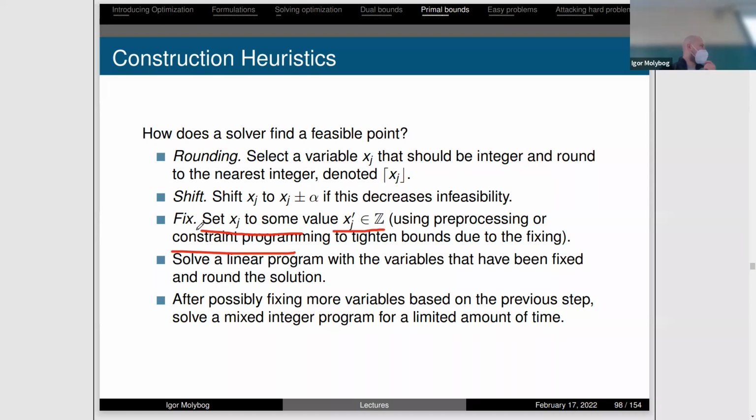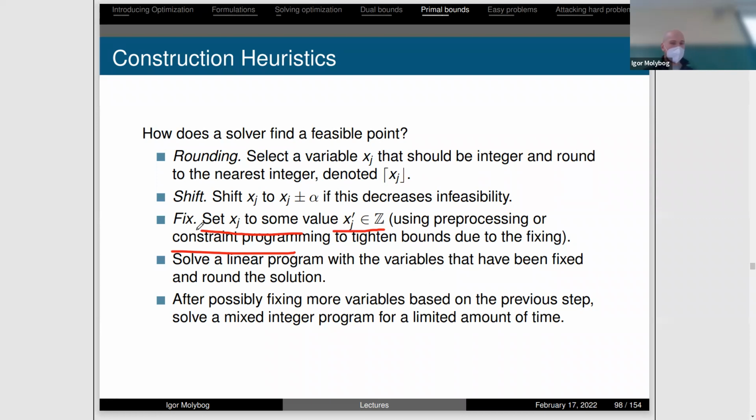That might result in a faster approximation of the optimal objective value.